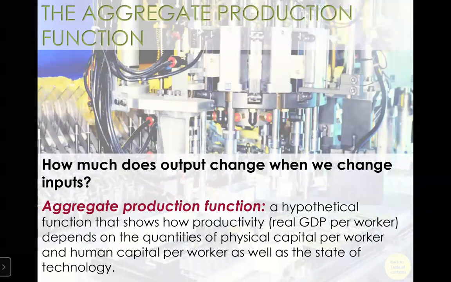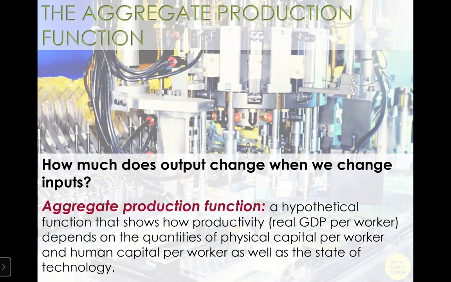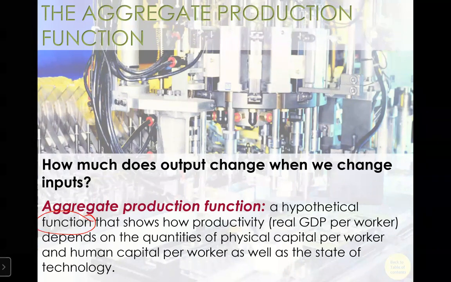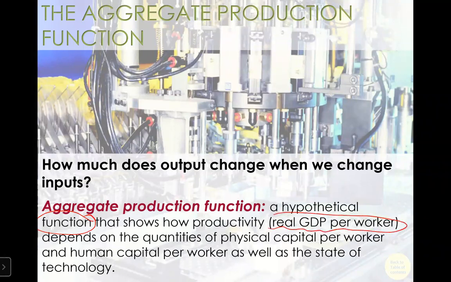So now we are ready to understand the aggregate production function, which is a hypothetical function that shows the relationship between productivity, which is essentially real GDP per worker, and the inputs, the important factors we just mentioned, including physical capital, human capital, and the state of technology.